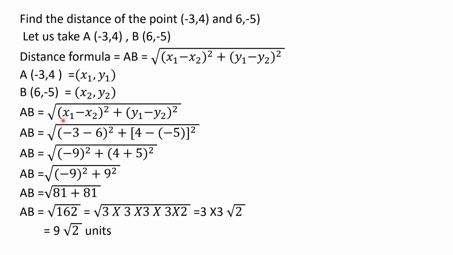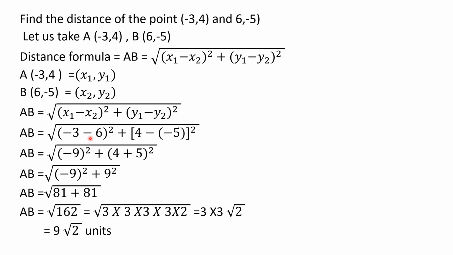In the place of x1 you apply minus 3. In the formula minus is there, take minus, and x2 is 6. Instead of x2 I applied 6, the whole square, plus y1 is 4 and minus is there, and y2 is minus 5, the whole square.